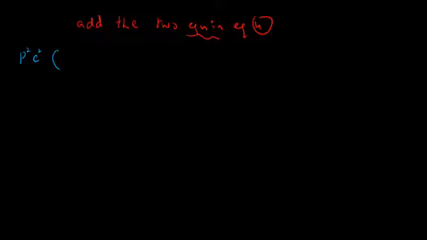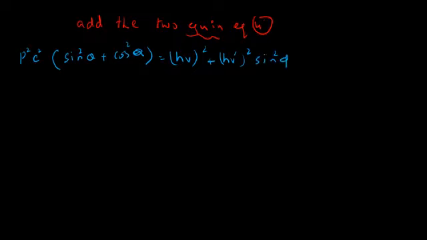From the left hand side we take p square c square as a common factor, and then you have sine square theta plus cos square theta, and this will be equal to h mu square plus h mu prime square sine square phi plus h mu prime square cos square phi minus 2 h mu into h mu prime cos phi.